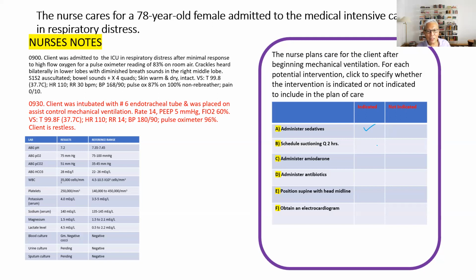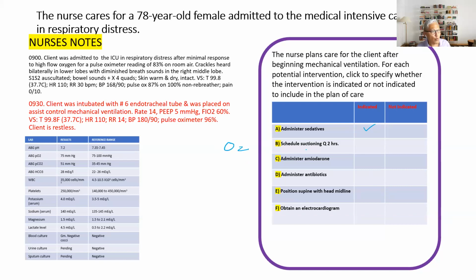How about suctioning every 2 hours? Is that good or bad? Indicated or not indicated? All right. We never suction routinely. The reason is when you suction, you are suctioning secretions, but you're also suctioning oxygen out.